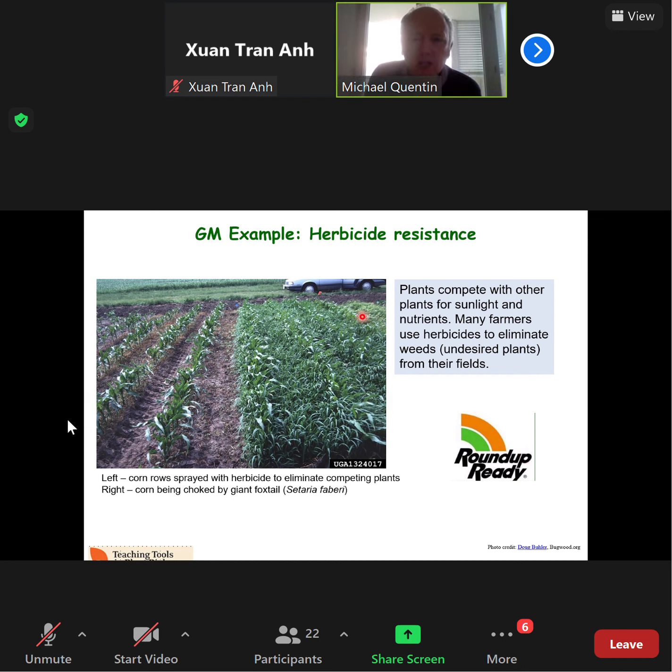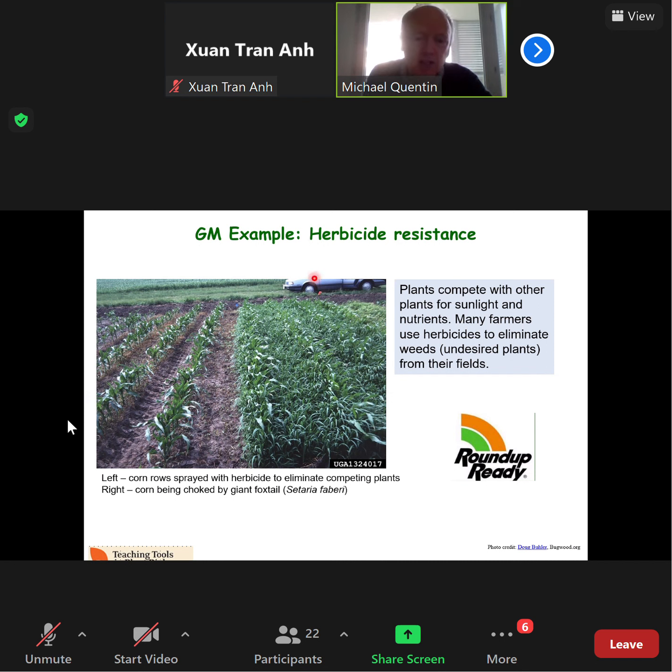What you can see in this picture, on this side, are plants that are cultivated, transgenic plants that carry a gene allowing them to be resistant to an herbicide, and those plants have been treated with Roundup herbicide, and you see that only the crop, the transgenic crop, here it's corn, will survive.